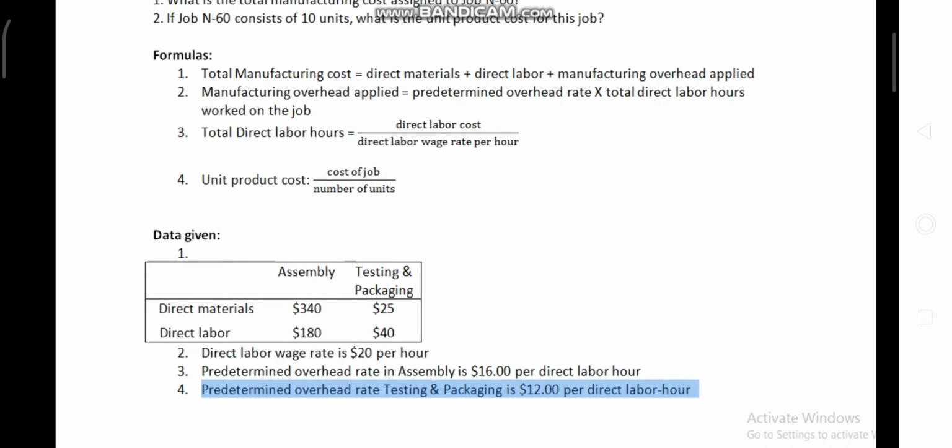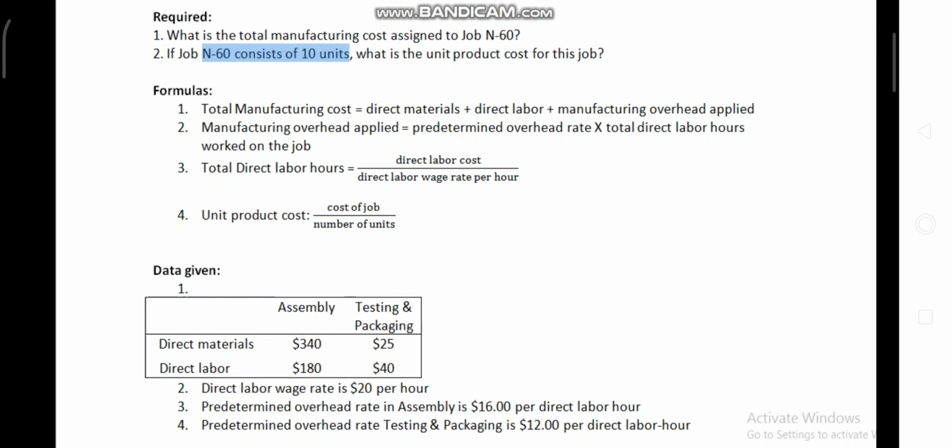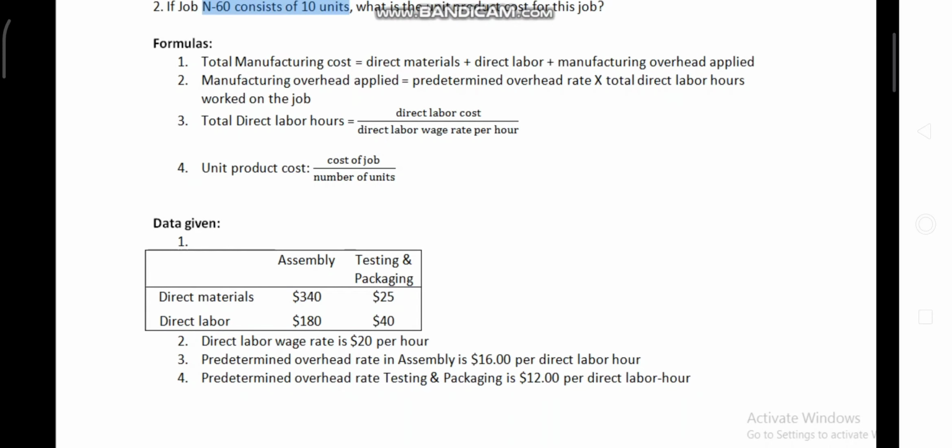And the last information, for requirement number 2, is that the job consists of 10 units. We should list that down too. Now we have our data and the formulas. Let's jump to the solution.